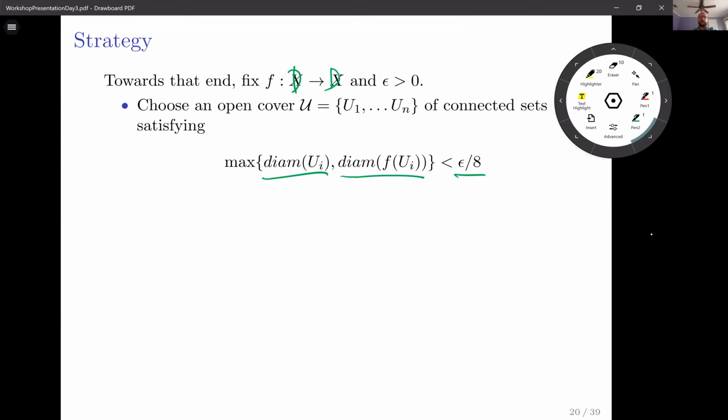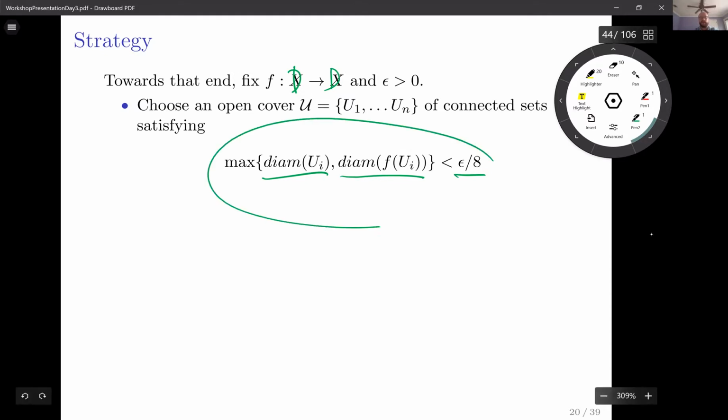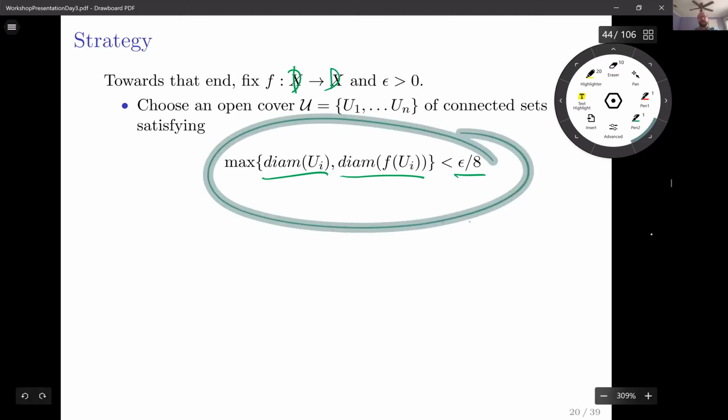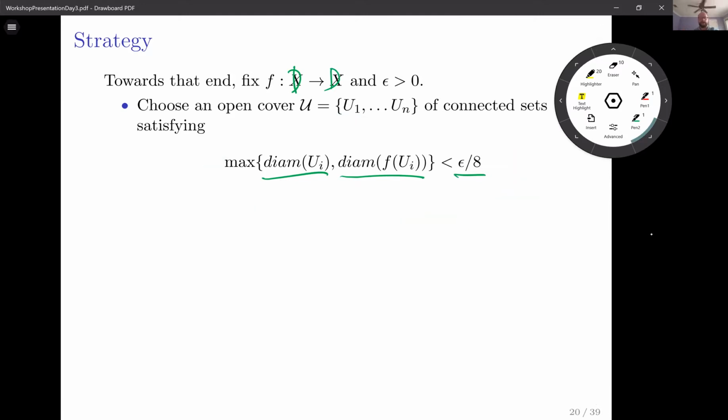Since we're locally connected, we can certainly find a collection of open sets that cover D and satisfy this, and we can do that with connected sets. Then compactness means we can reduce to a finite collection of connected open sets, each of which has diameter less than epsilon over 8 and whose image has diameter less than epsilon over 8.